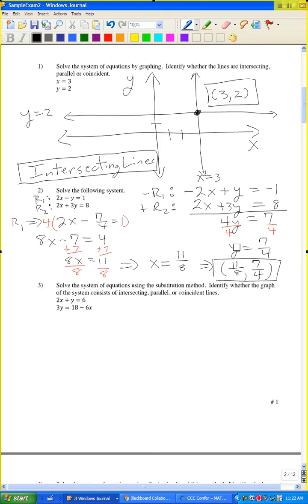If you plug into any equation that has one additional unknown, then you can solve for your unknown. Okay. Let me do problem number 3.